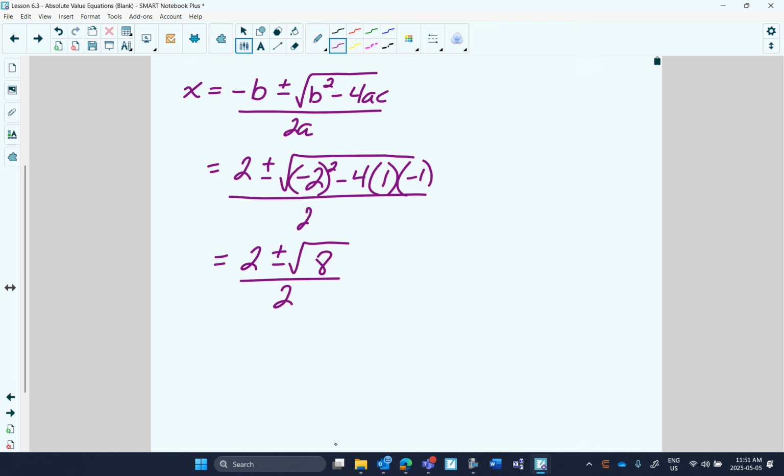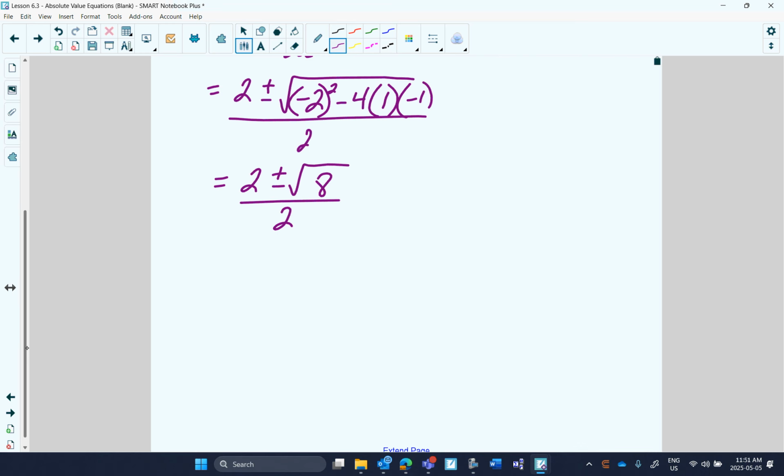Again, how do you simplify? 8 is really... oh wait, no, just like that, right? Don't you dare do this! What have we talked about? You can't just get 2 out of the 3 and cancel.